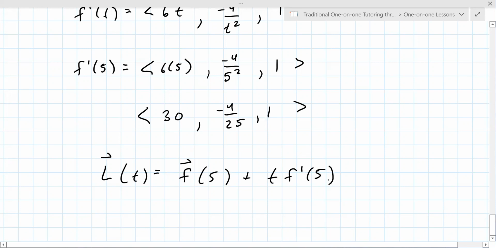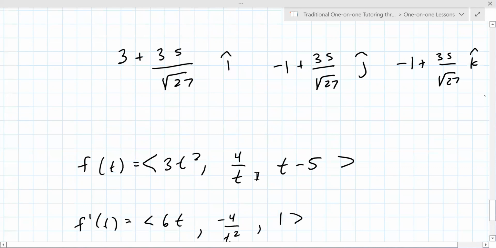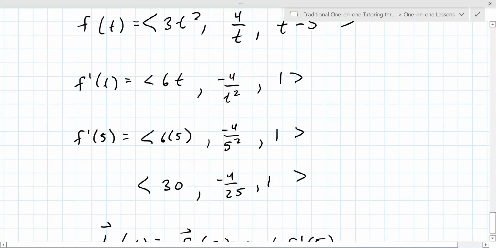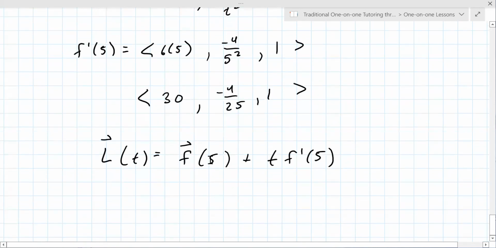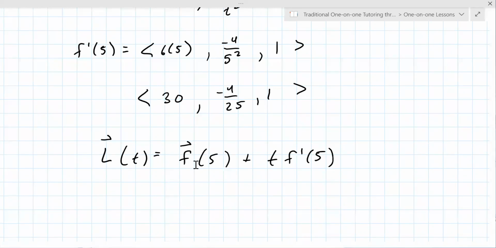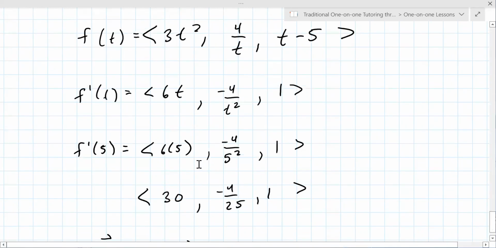So we have to put 5 back into the original. That's what f of 5 means. Then we add it to the derivative term. So let's go back to the original and put 5 in.